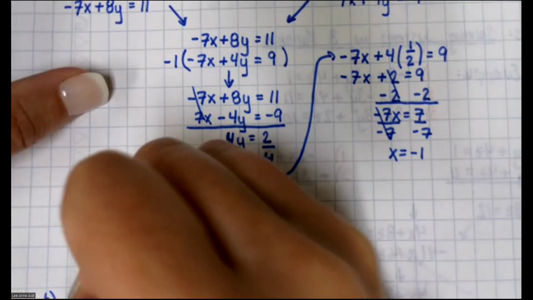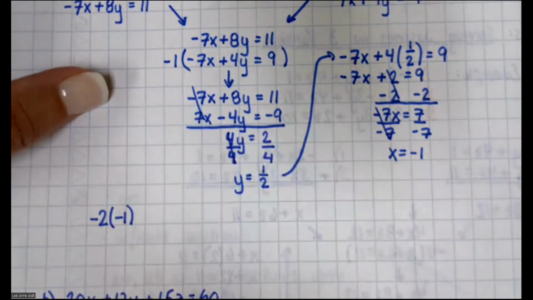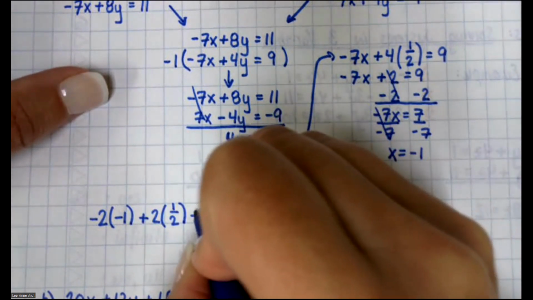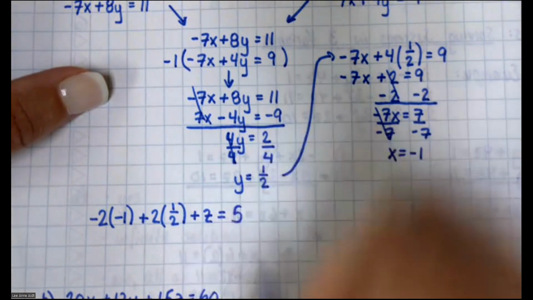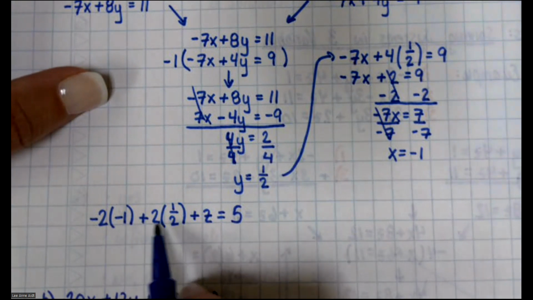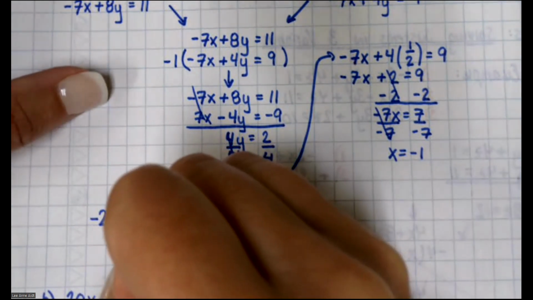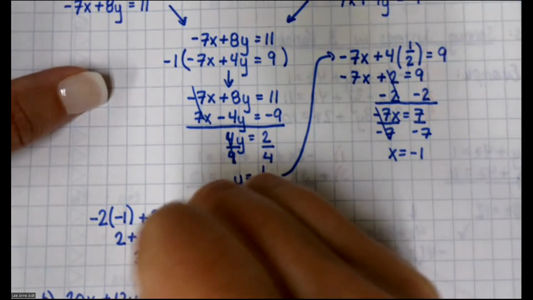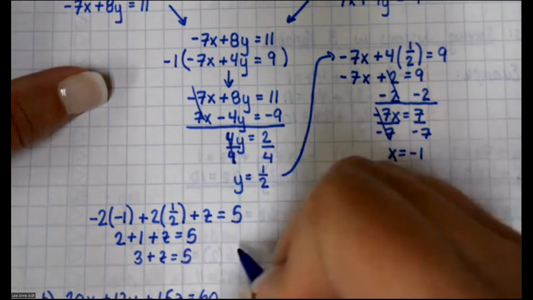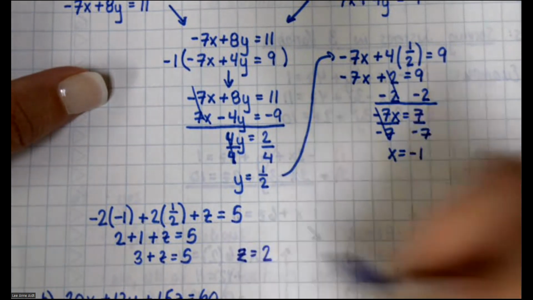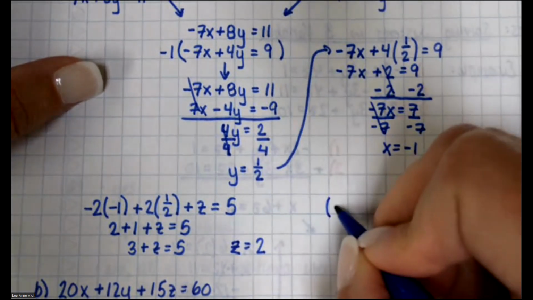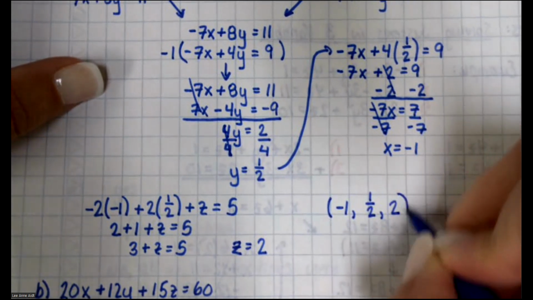The second one, maybe? Okay. Negative 2x plus 2y plus z equals 5. X, y, z.